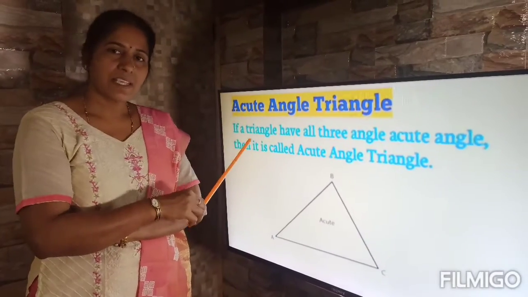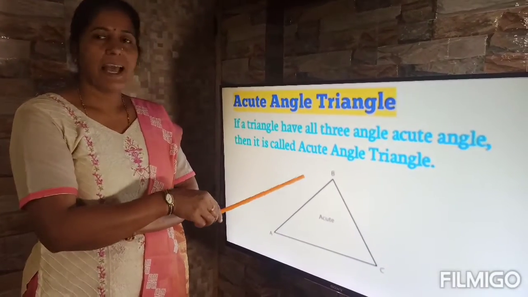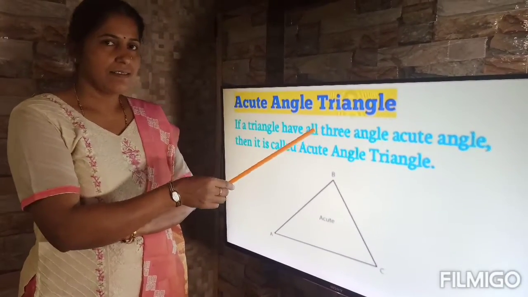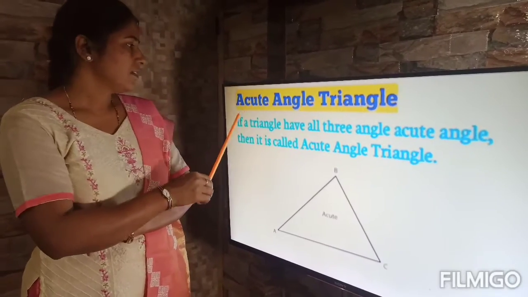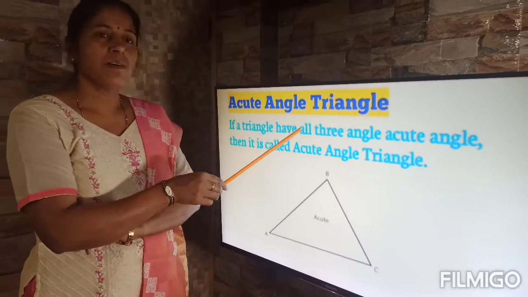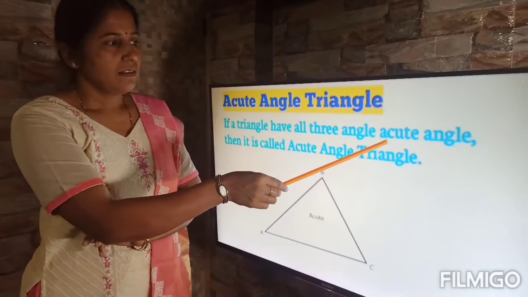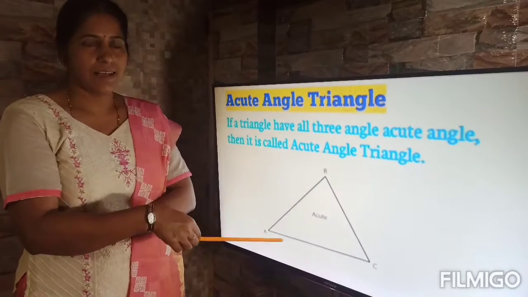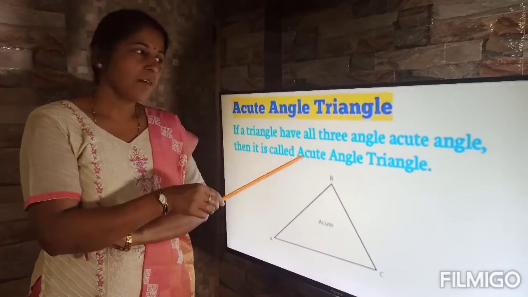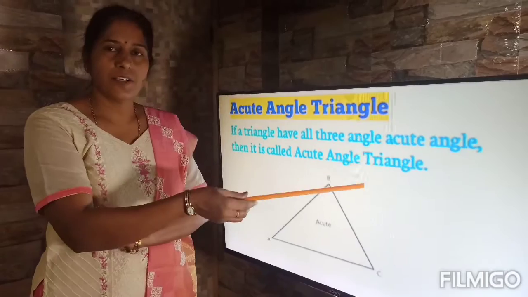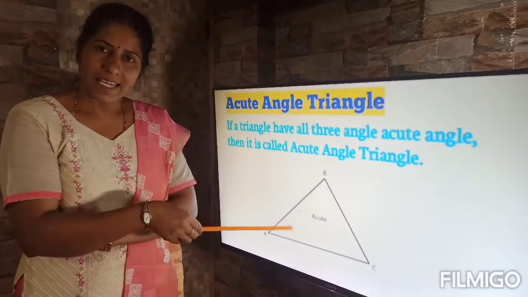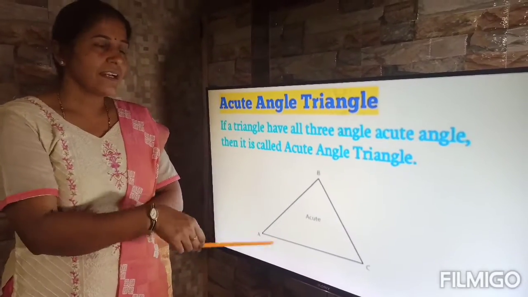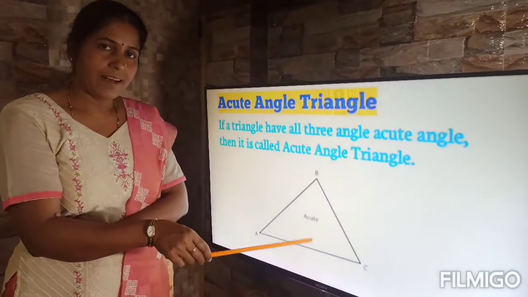Next, classification of triangles based on angles. First one is acute angle triangle. If a triangle has all 3 angles acute, meaning less than 90 degrees, then it is called an acute angle triangle.